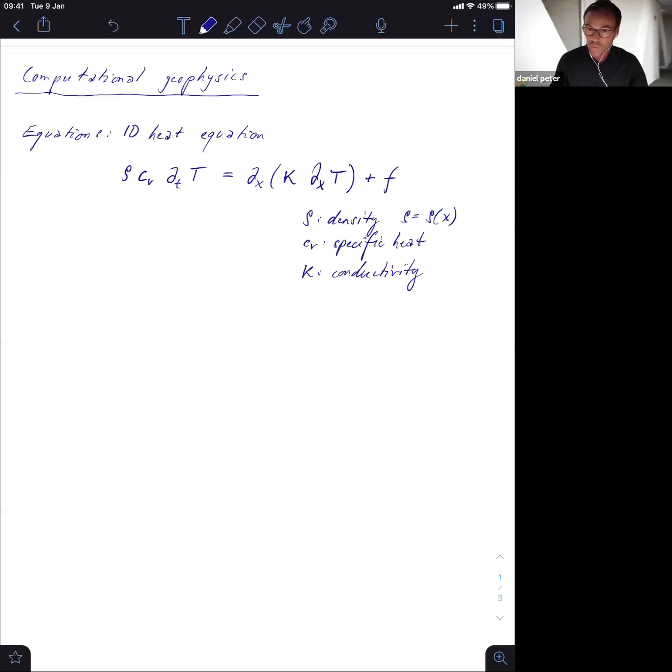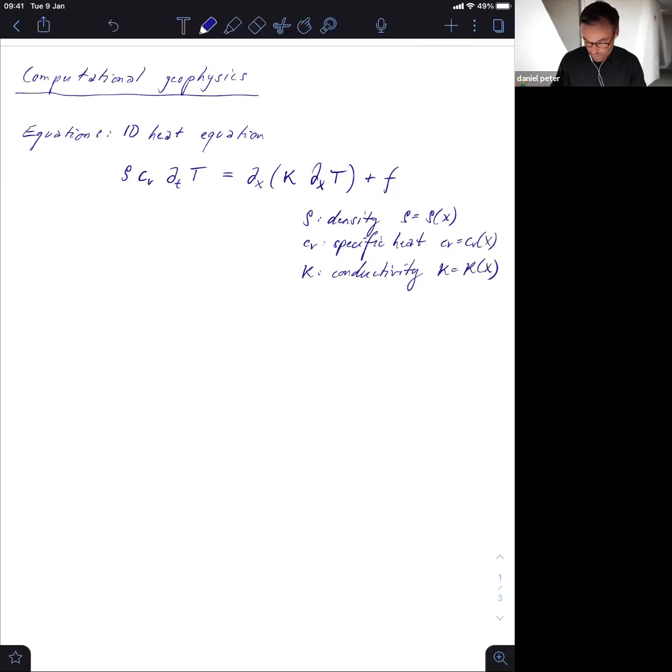So rho would be a function of position, so would be specific heat, so would be conductivity. If the material is homogeneous, then these are just constants.